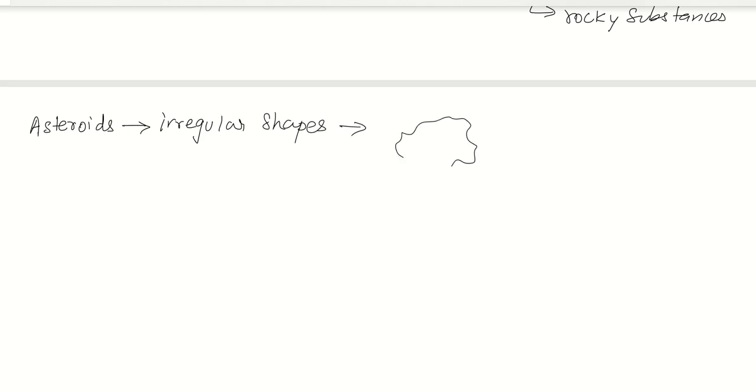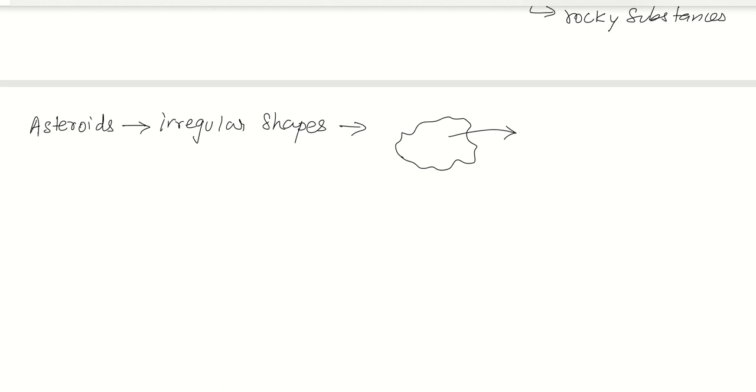First, what do we understand by asteroids? You know, these asteroids technically have irregular shapes. What do we mean by irregular shapes? It simply means it can be something like this. Now, what do these asteroids actually consist of?